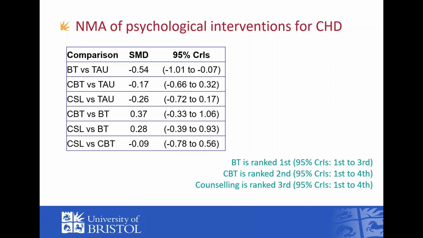We can see here that the credible intervals are indicative of such uncertainty across all of these treatments that it would be, I think, inappropriate to draw any conclusions about there being a best treatment for reducing depressive symptoms post-MI.